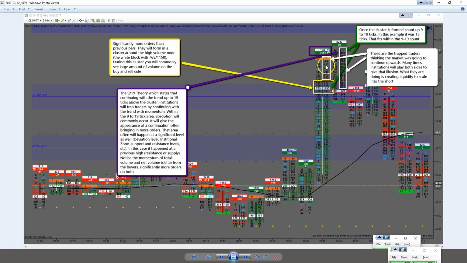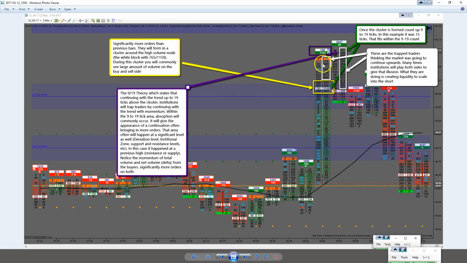It normally always happens with momentum. Within the 9 and 19 tick area, absorption will commonly occur. So once you get up above 9 ticks, you'll start seeing sellers start absorbing orders. I mean, it may tick up a tick or two, but it's not going to push up with momentum anymore. Okay, it will give the appearance of a continuation, often bringing in more orders.